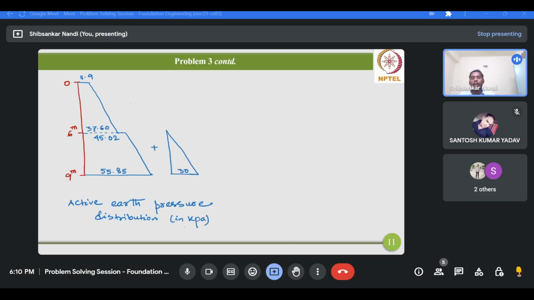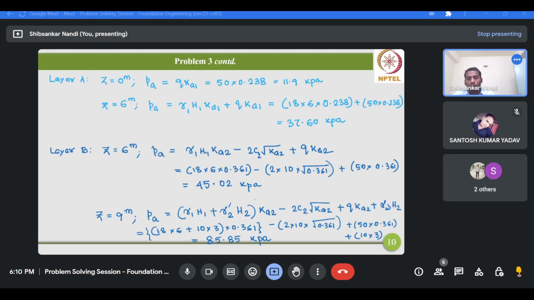Now, why I have separated or put two distributions for representing the active earth pressure, because the first three terms will give you the active earth pressure without considering the pore water pressure contribution.